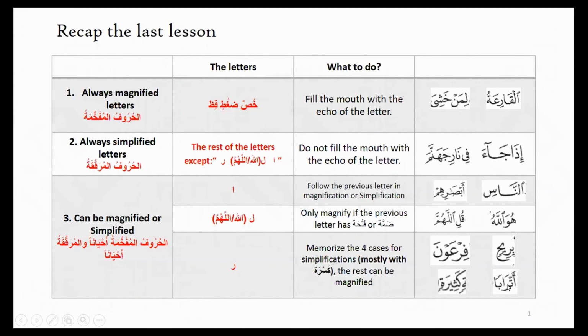So it will be atraba. Kathira, same thing. Don't say kathira. Kathira means that the ra is muraqqaqa. These examples are a little bit more clear for the difference between ra mufakham and ra muraqqaqa. This is just a recap from last lesson.